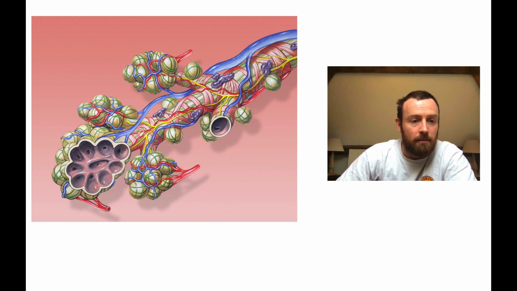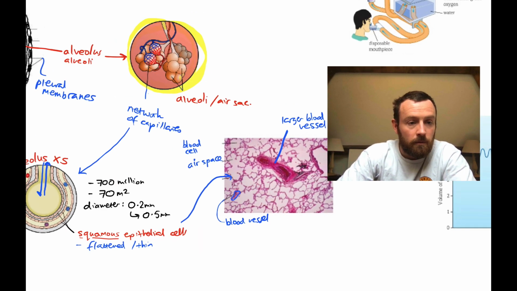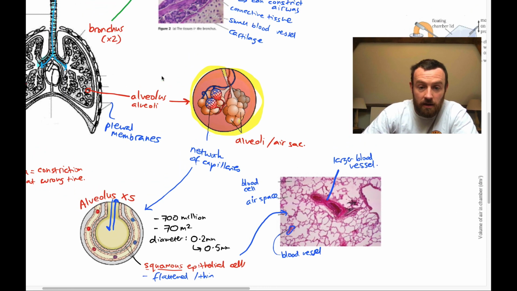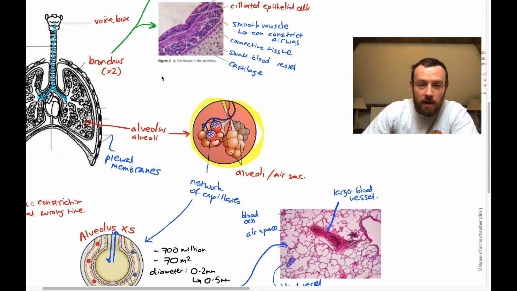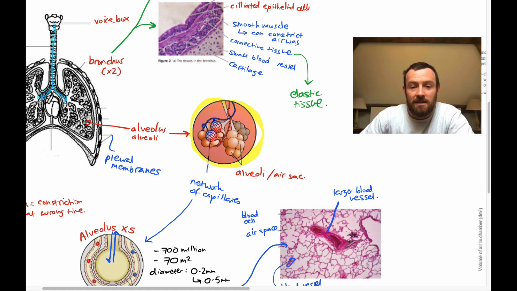Let's pop back to the mind map to label that. Okay, so alveoli airspace. The connective tissue I wanted to label here has elastic tissue, so that's all over the place.